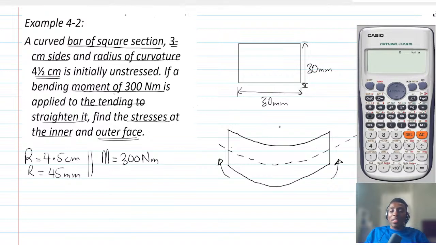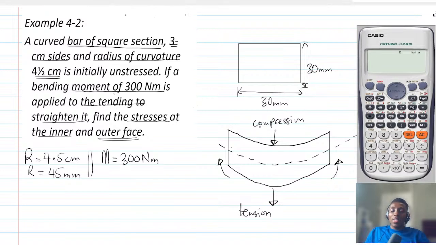Now please pay attention. When we bend a beam like this, the top surface will be in compression, but the bottom surface will be in tension.